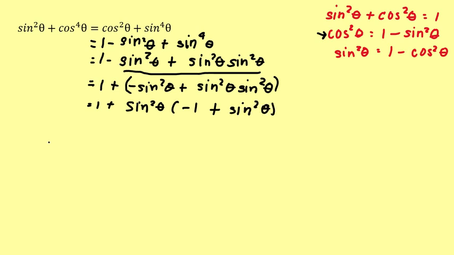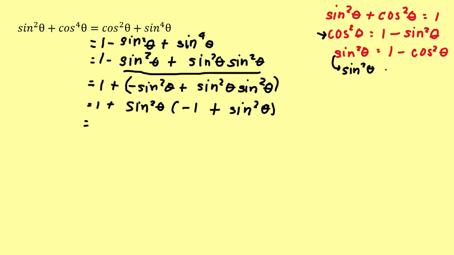I think I'm seeing some progress here, because sine squared theta minus 1 is negative cosine squared theta, right?